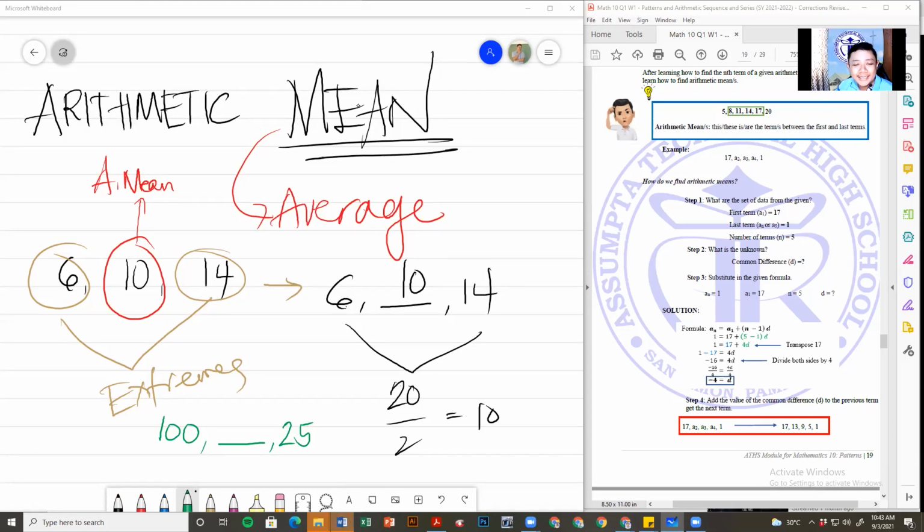Okay, only 3 sent their answers so far. Okay, more are coming. There are only 2 common answers shown: 50 and 62.5. Which of these do you think is the arithmetic mean?